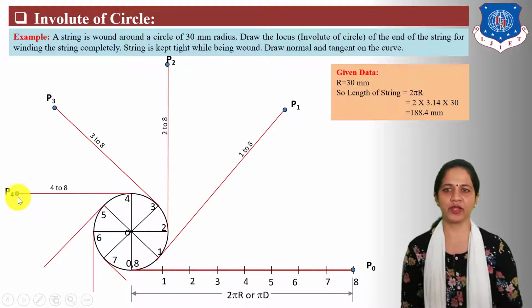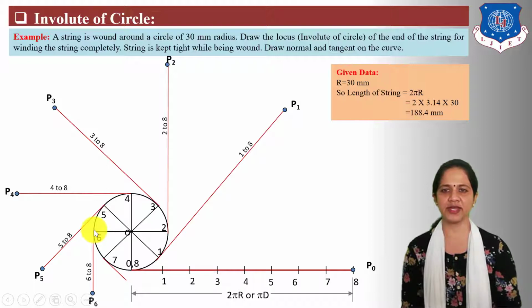Similarly, locate the P4 point. Take the distance 4P4 equal to 4/8. Next, locate the P5 point. The distance 5P5 is equal to 5/8. Next, locate the P6 locus point on the 6th position of the string.